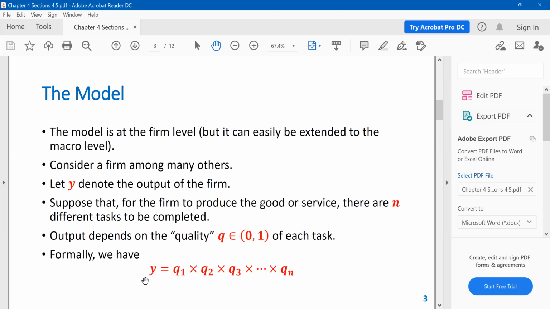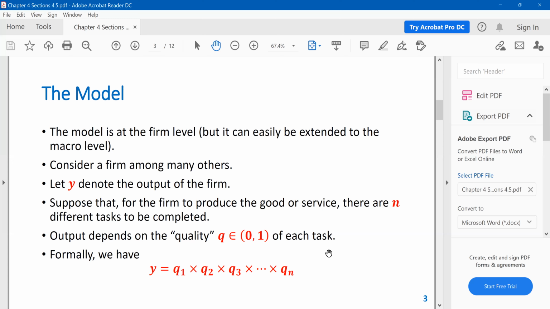So there's a production function here, and when these qualities are multiplicative, this means these tasks are strongly complementary to each other. Okay, so that's the idea, and Q is always between 0 and 1.